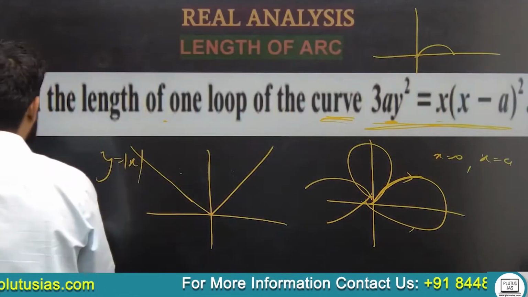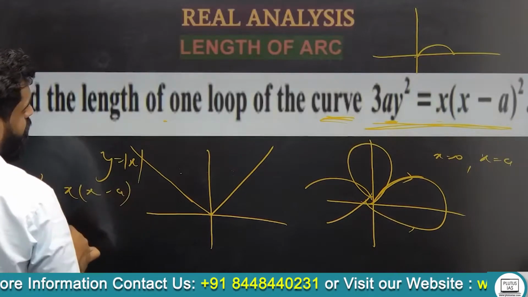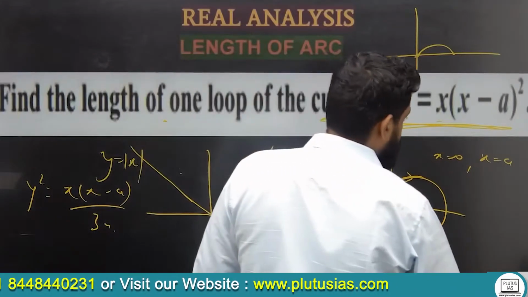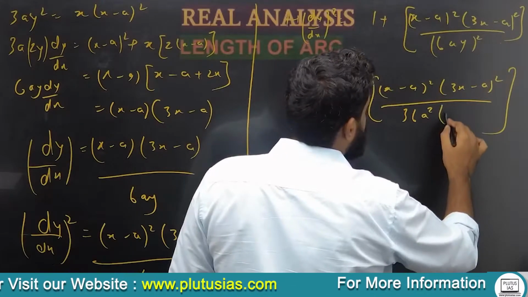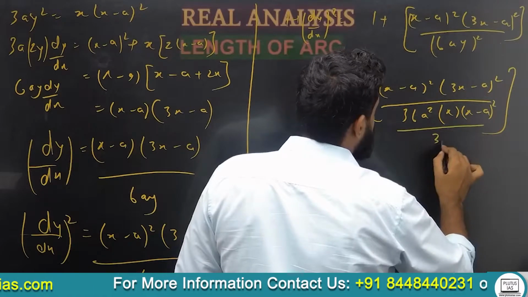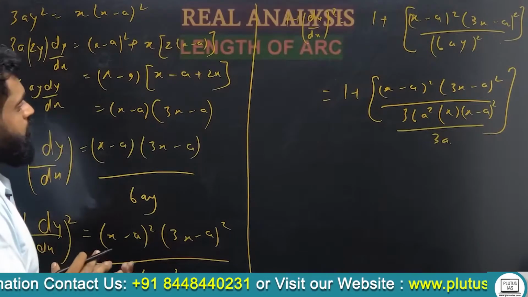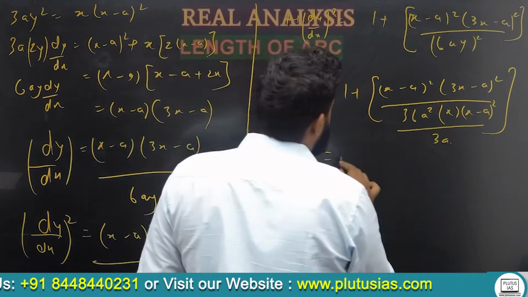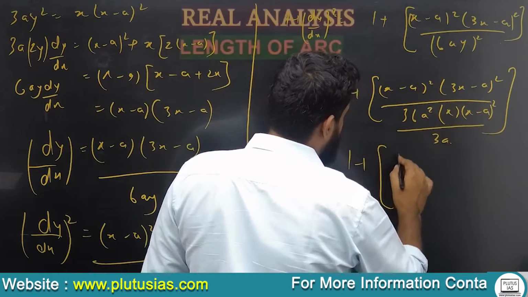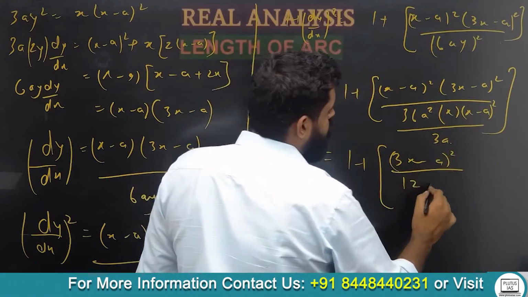From here we can write y square is equal to x minus a whole square upon 3a. So we get 1 plus this; x minus a whole square cancels out, leaving (3x minus a) whole square upon 12ax.